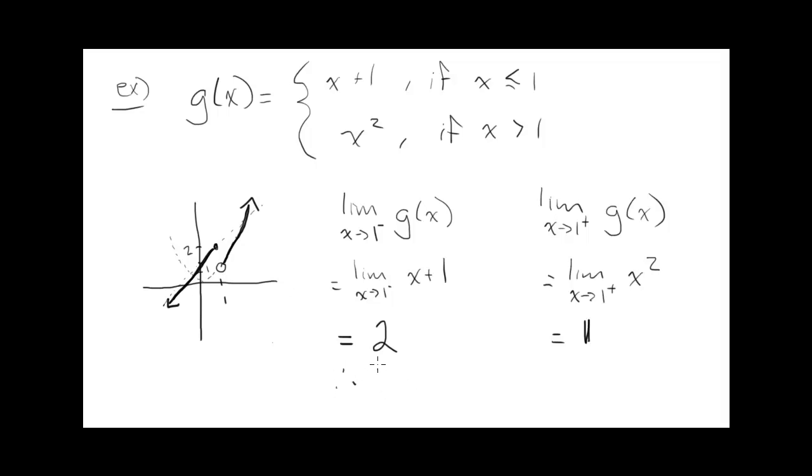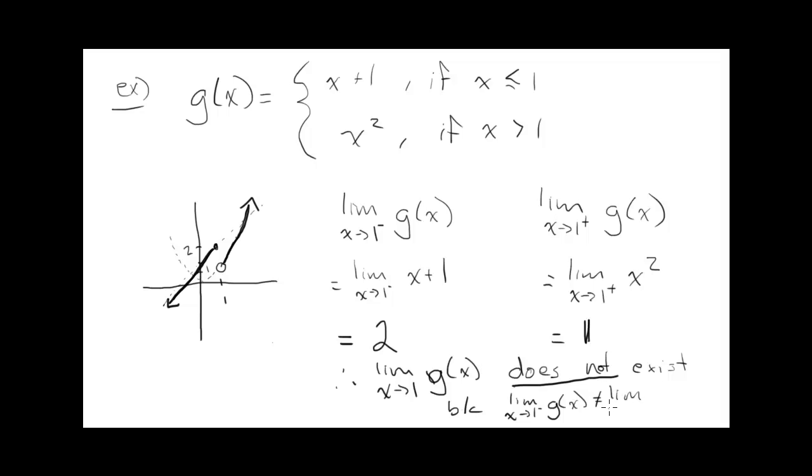So therefore, the limit as x goes to 1 of g of x does not exist, because the limit from the left of g of x did not equal the limit from the right of g of x. Okay, so that's an example where the limit does not exist.